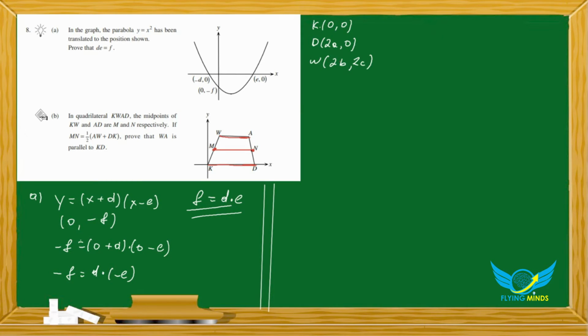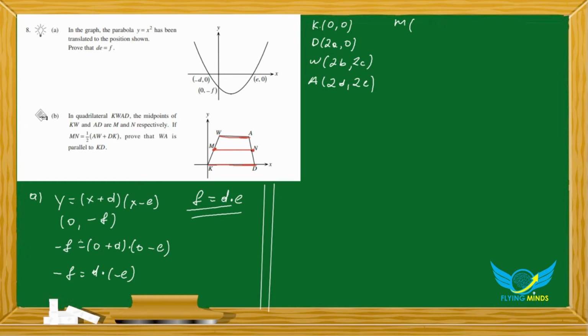I'm choosing coefficient 2 because when we find midpoints, they will be cancelled since we have to divide by 2. I'm trying to avoid fractions right here. And A equals 2d, 2e.